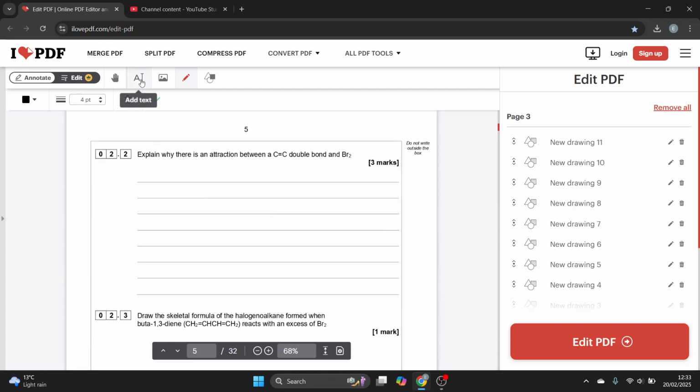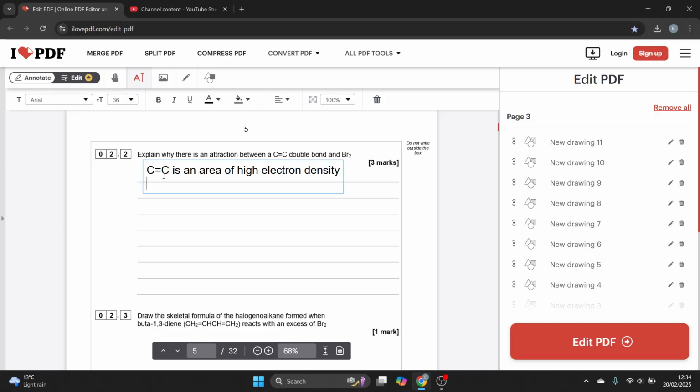So there's attraction between a carbon-carbon double bond and Br2. First things first, the carbon-carbon double bond is an area of high electron density.